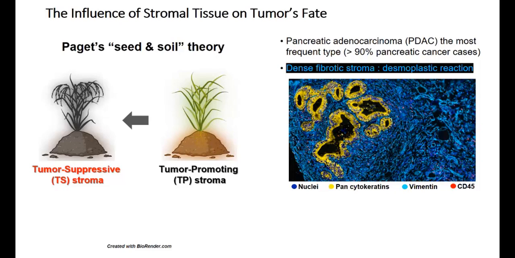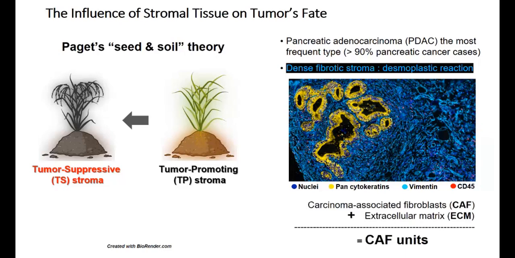In order to understand these dynamics, we are focused on studying the cancer-associated fibroblasts, which is the major stromal component of this microenvironment, but not only the cells, also their own extracellular matrix, which in turn they form the CAF units.